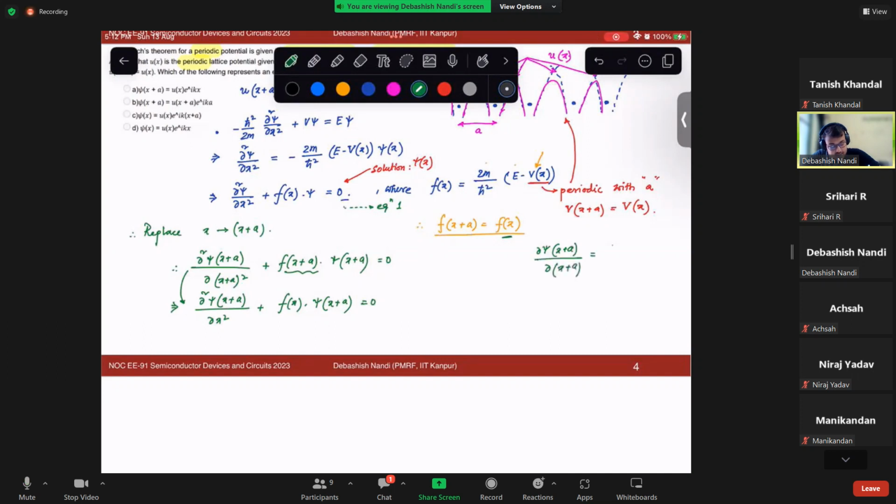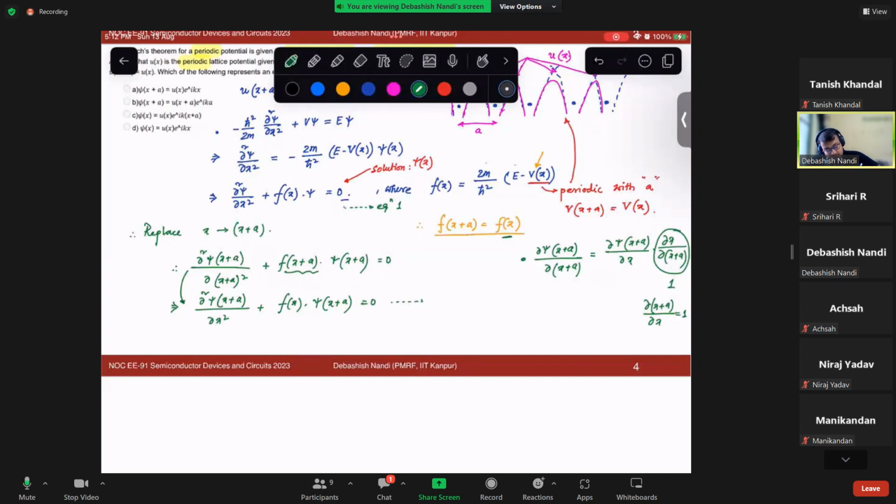I can write this as d of x over d of x plus a, right? This term is 0. This term is 1 because d of x plus a over d of x is 1, right? A is constant. So from that, the second derivative also I can write this term.